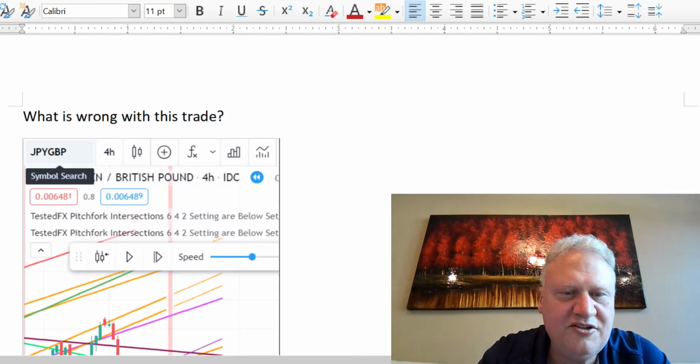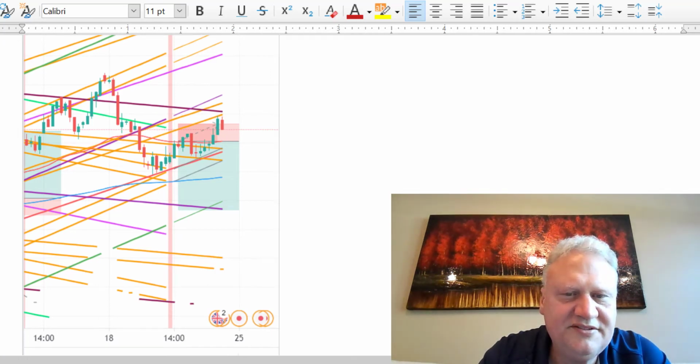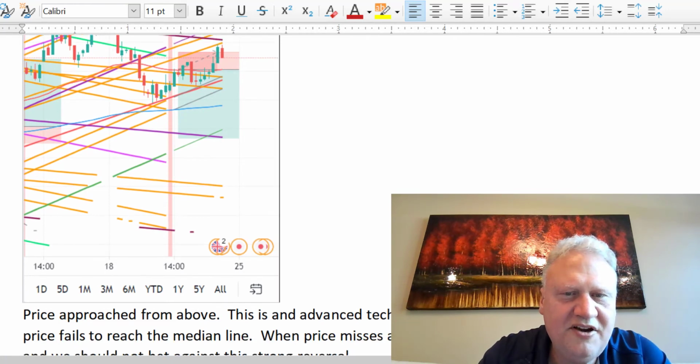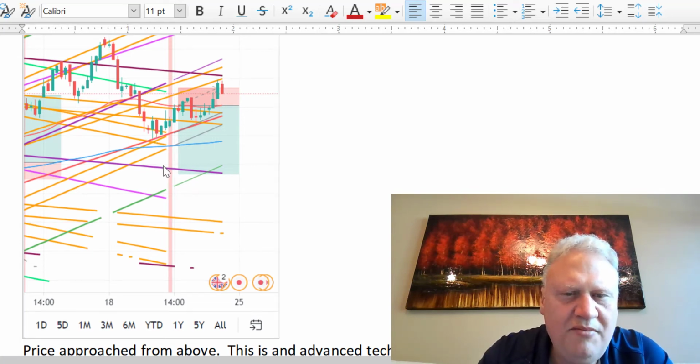Okay, let's take a look here. So what's wrong with this trade? What's wrong with this setup? Let's look at it. Can you see what's wrong with it? Let's take a peek here. So price is approaching from above, okay, and does not make this median line.